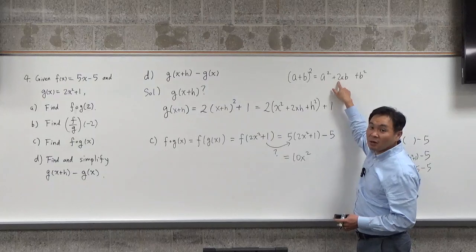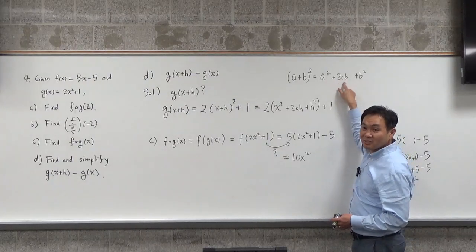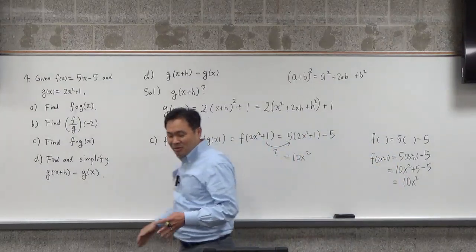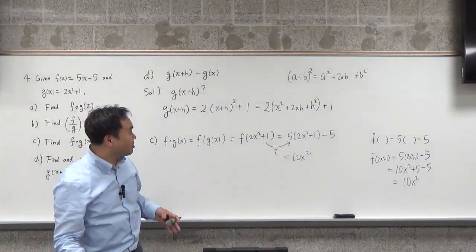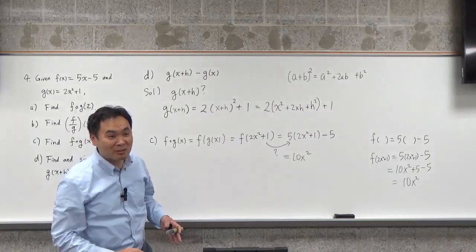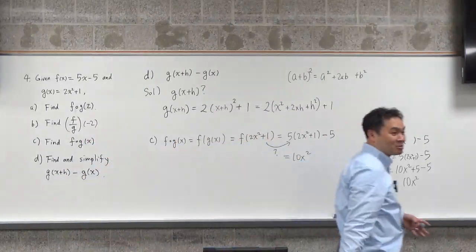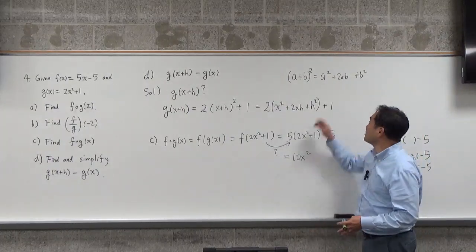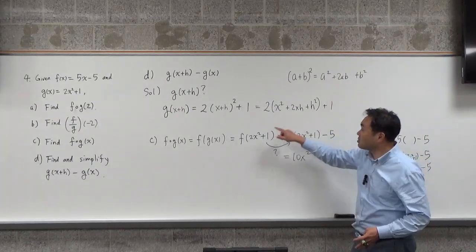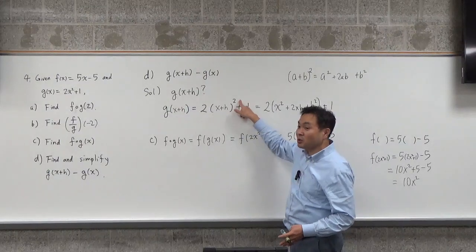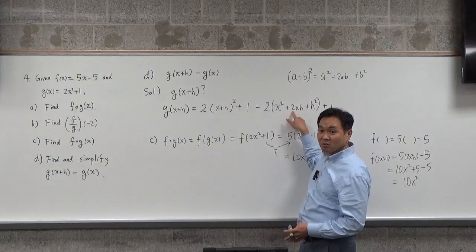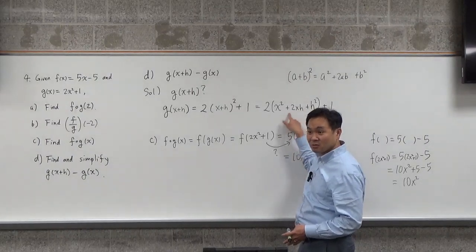And you double it, double the product. Okay? So I kept saying double the product, and I feel like I need to yell at you, double the product probably 20 more times until the end of the semester, until you really get it. But you need this, okay? You get the double the product. So if you have x plus h squared, it's x times h times 2. That's in the middle, right?